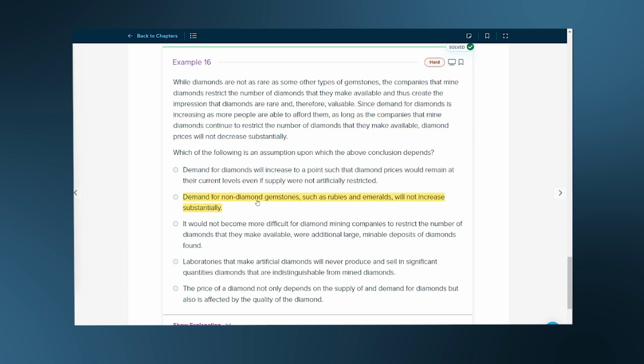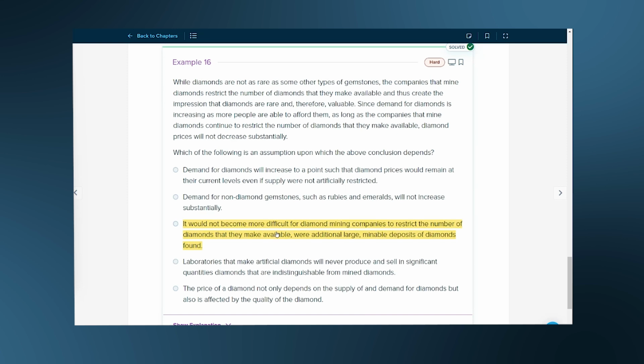B, demand for non-diamond gemstones, such as rubies and emeralds, will not increase substantially. This one is also a bit of a stretch. It touches on the concept of substitute goods, but that would require more comprehension than a GMAT question would expect you to have about economic theory.